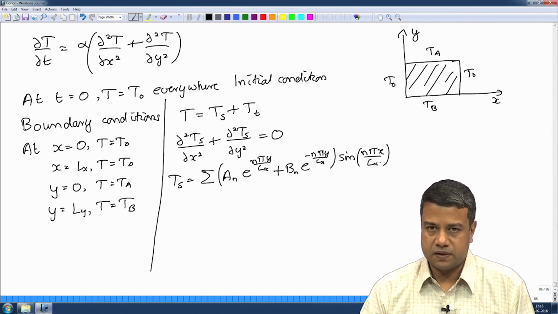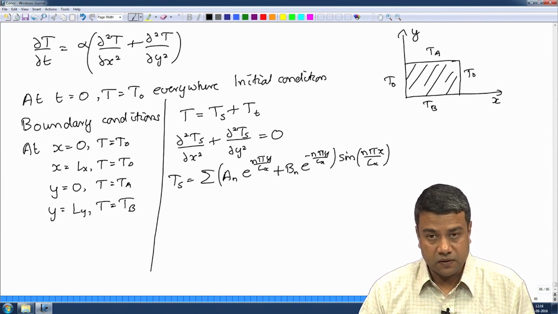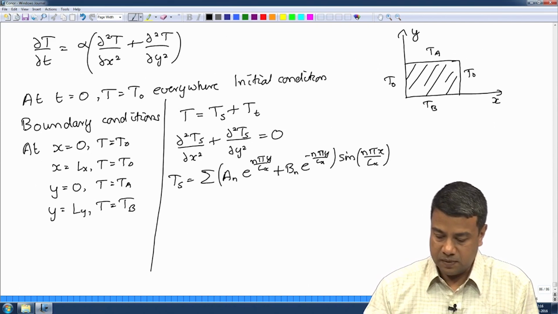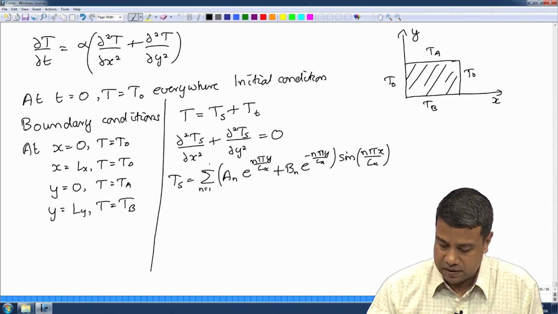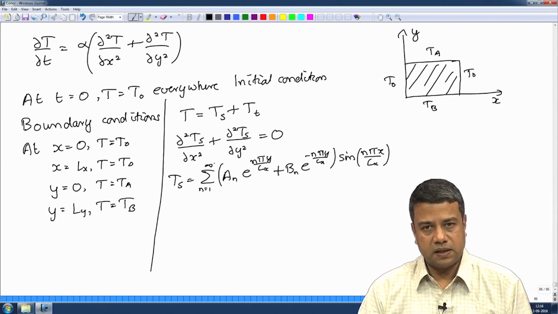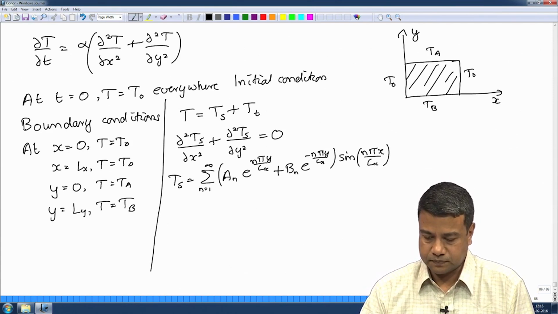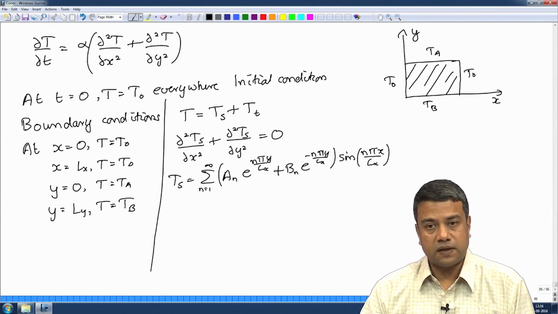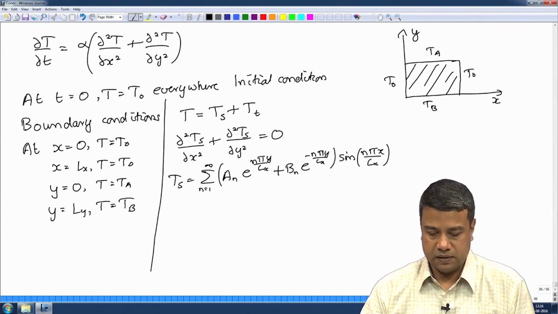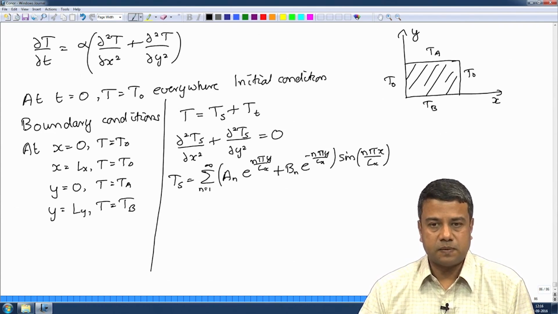Okay, we have just solved this in order to get this solution, where the coefficients An and Bn were determined using the orthogonality relations. Now, therefore, I have to now solve for the transient part. Okay. How do I solve for the transient part?